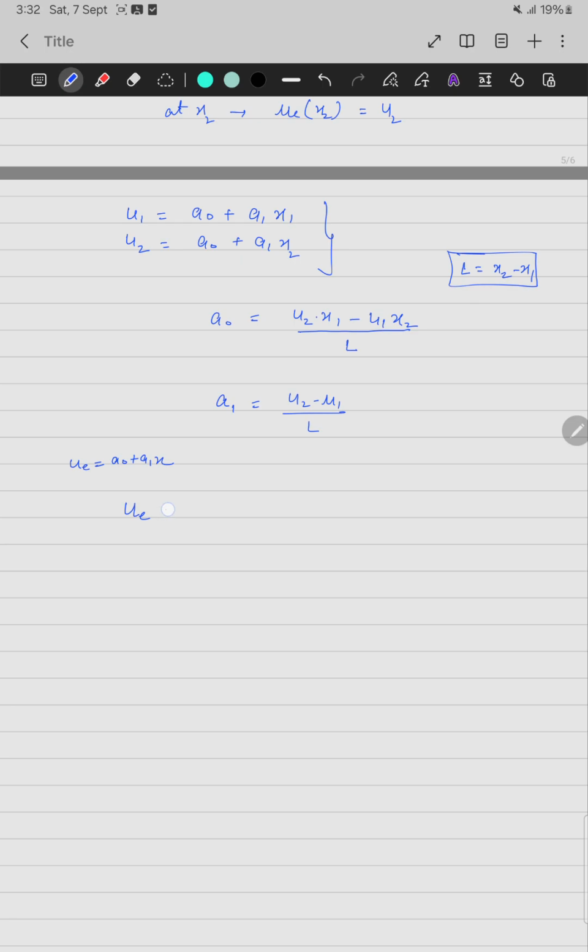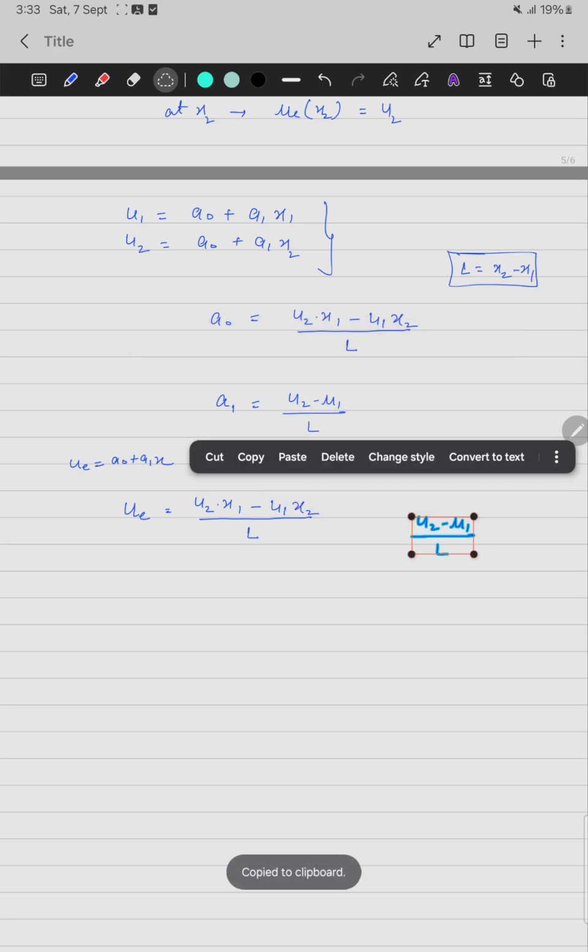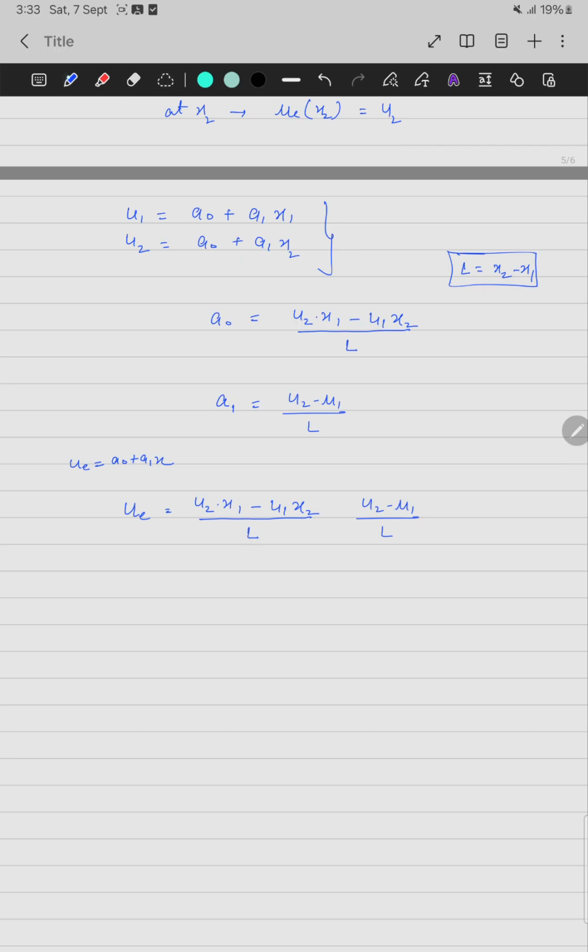So we have a naught, plus a1 times x. This will be the general displacement that we are assuming, and it can be written in this way.